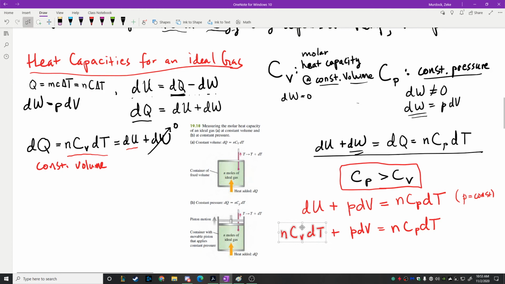Numerically, these have to be equivalent to each other. And so that's how we get this relationship here.